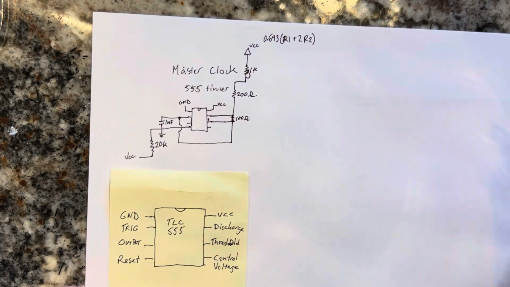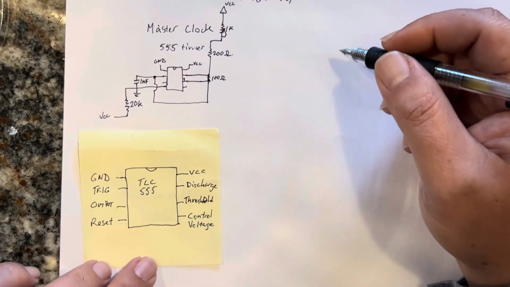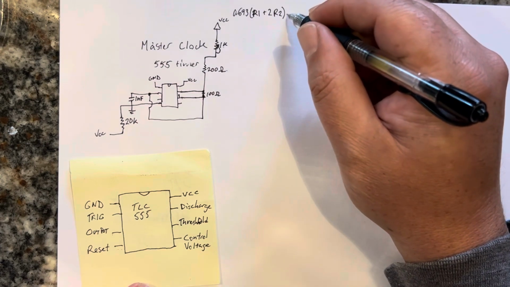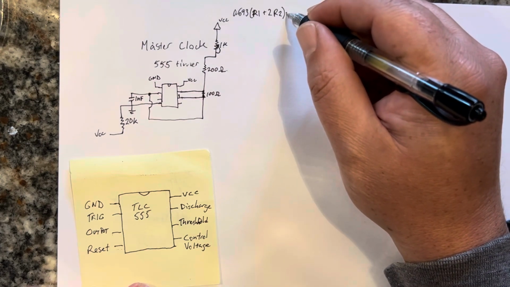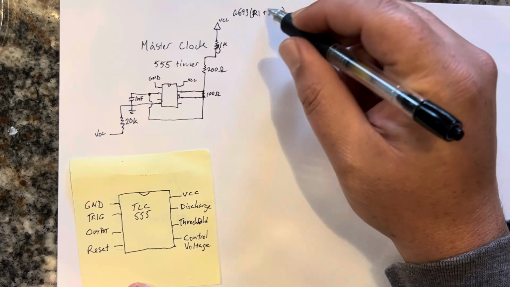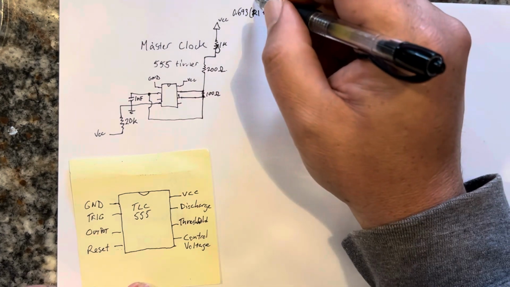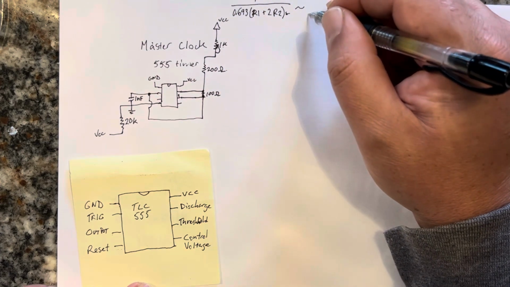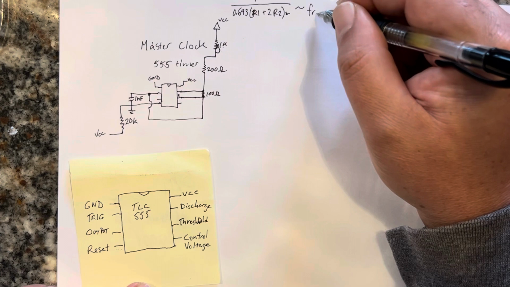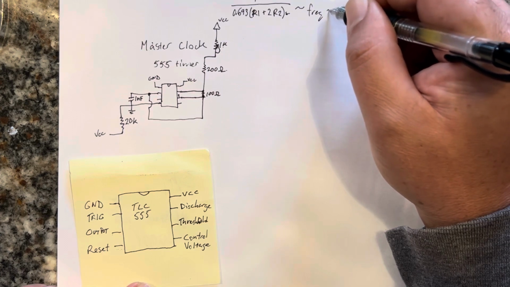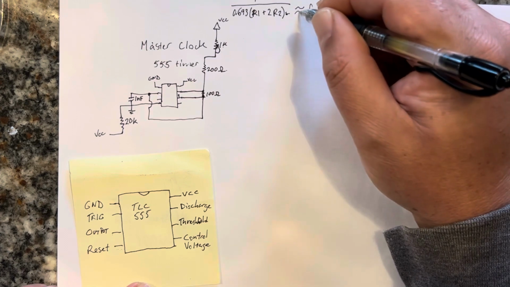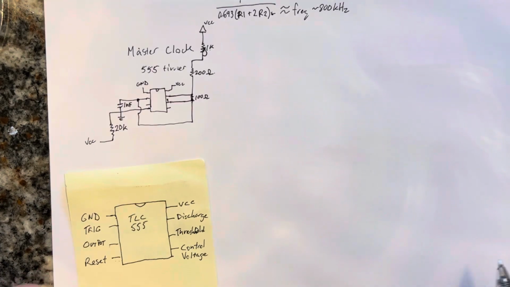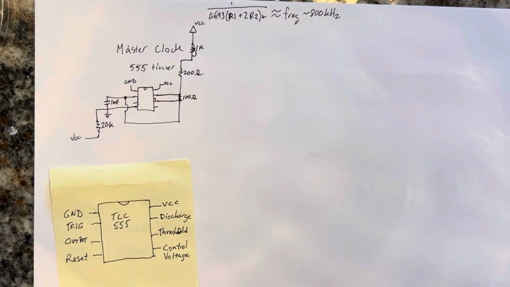This is the formula for calculating the frequency of a 555 timer, and that should equal the total period, and 1 over this is the frequency, and that should give you a frequency of about 800 kilohertz. All right, so that is our 555 timer.